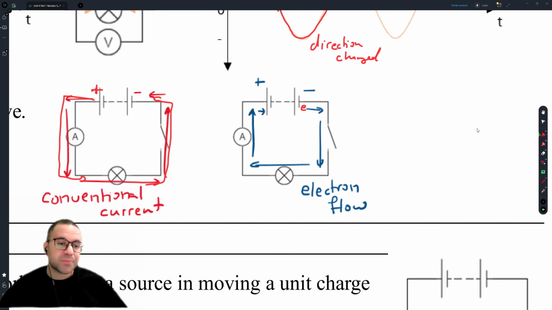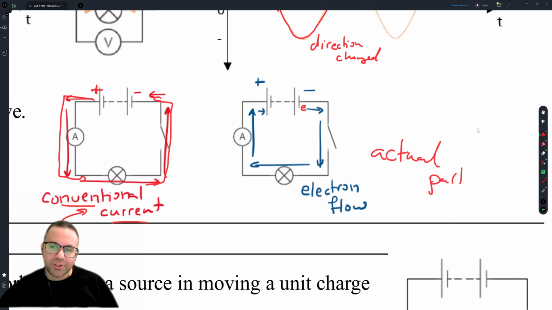What we did was we stuck to the concept of positive to negative. We just called it the conventional current, which is the flow from positive to negative. And if somebody asks, what are the actual particles that flow inside a circuit? We go ahead and submit and say, oh yeah, we're sorry. It's actually electrons that travel from negative to positive.